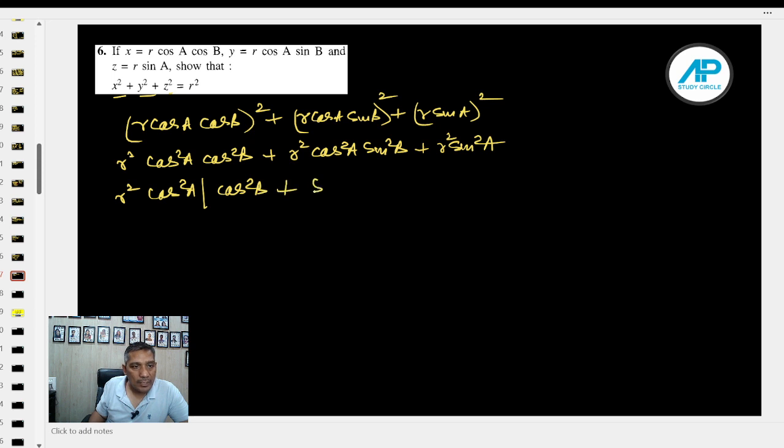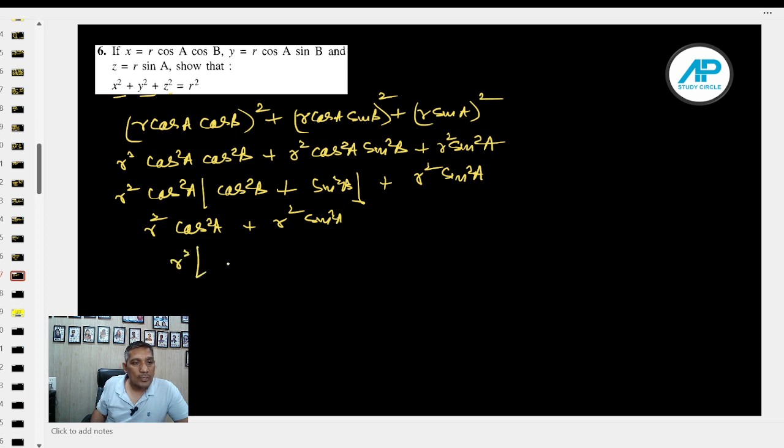It is giving me cos square b plus sine square b, and the remaining part is very easy question. r square को कॉमन निकाल लीजिए. Answer is r square.